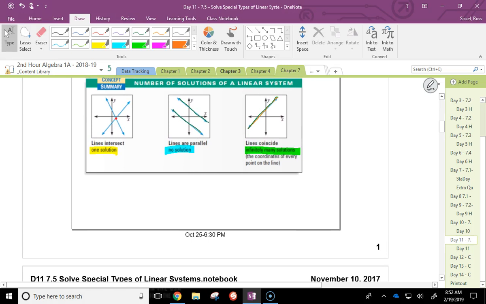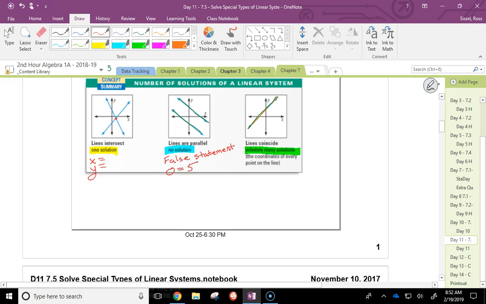Lines intersect, you get one solution. When you solve, you will get x equals something, and you will get y equals something. Lines are parallel. If you do elimination or substitution, you will get a false statement, such as 0 equals 5.